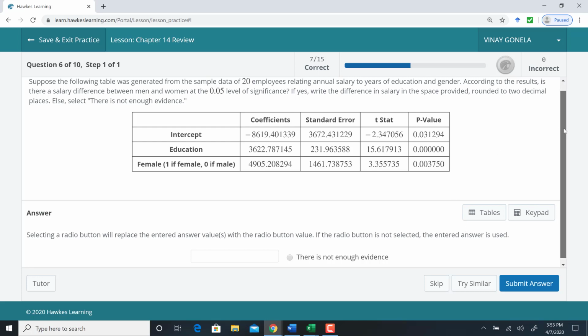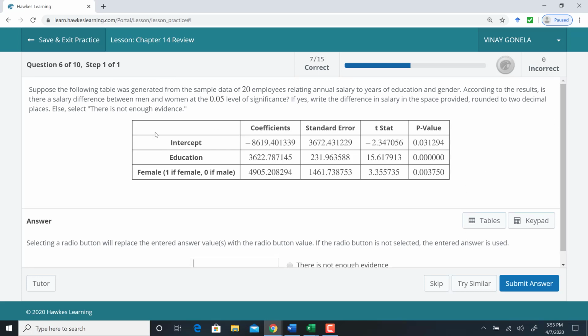So again this one, you have 20 sample employees relating salary to years of education and gender. Is there a salary difference between men and women at 0.05 significance?